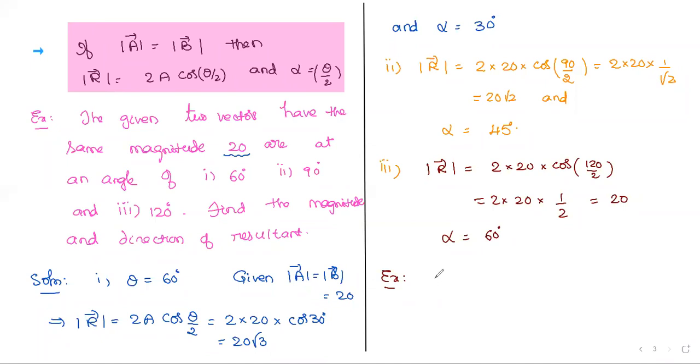Suppose I take some values. Better I take mod A bar equals 3, mod B bar equals 4. Excuse me. Which case, Shreyas? This one.